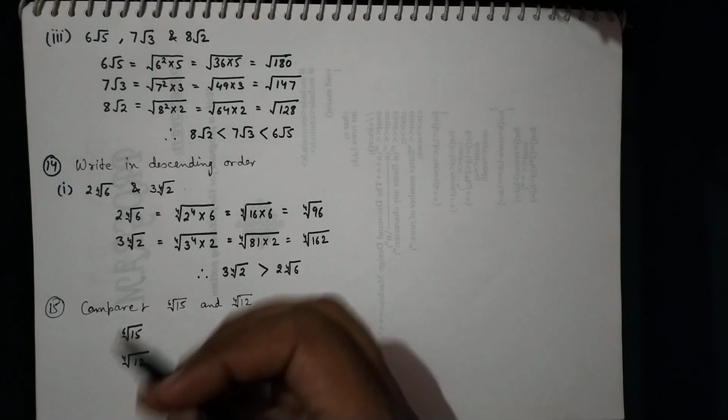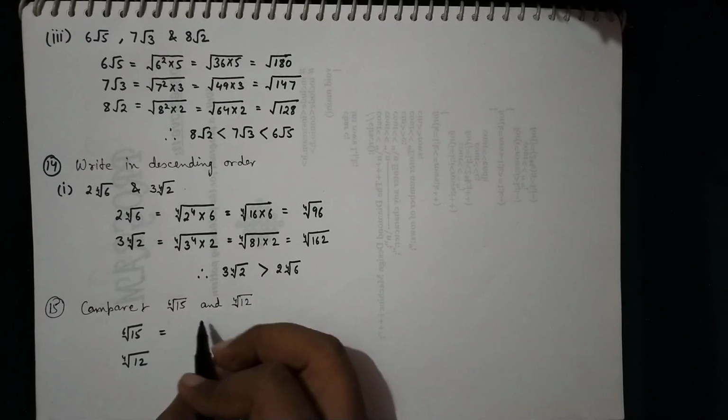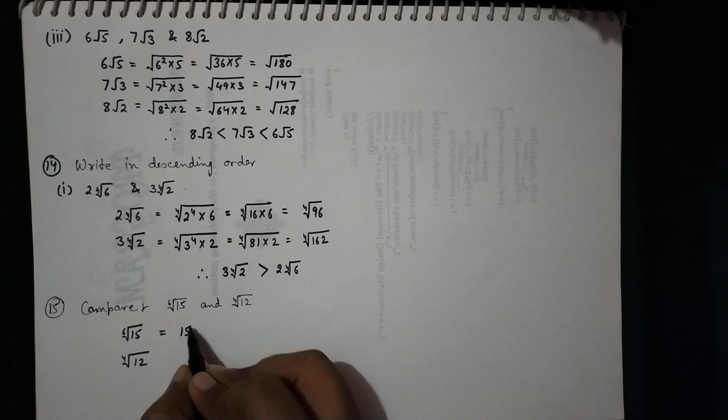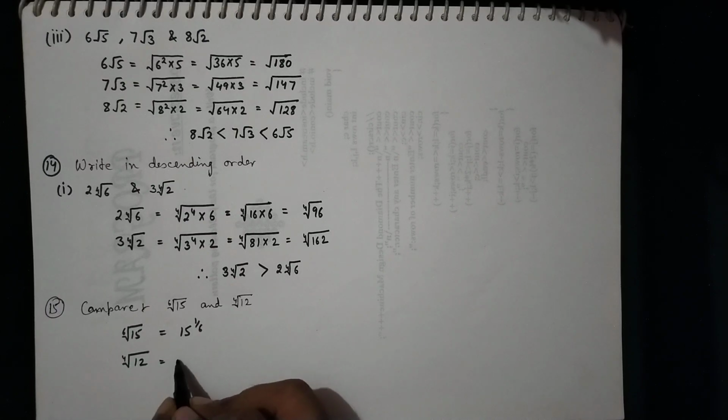Then we will go through question number 15. Here in this question we have to compare the two given irrational numbers, and the beginning is the same as we were doing in the previous questions. Now this can be written as 15 to the power 1 by 6 and 12 to the power 1 by 6.